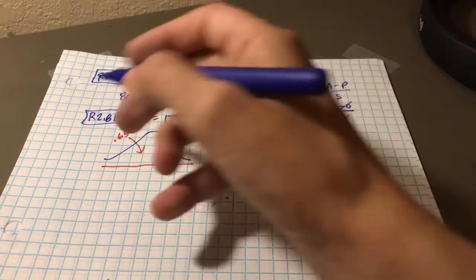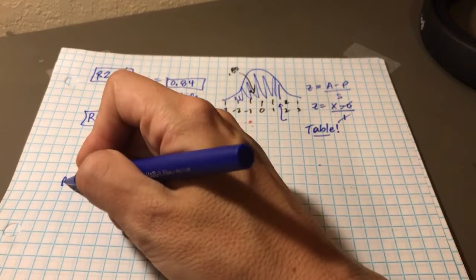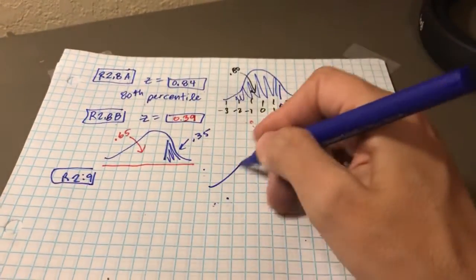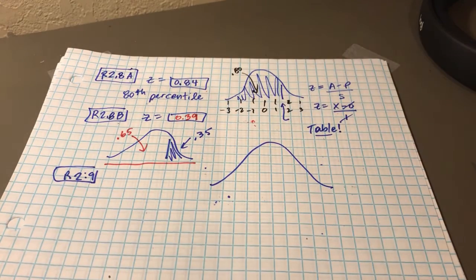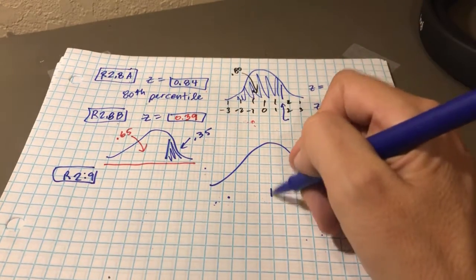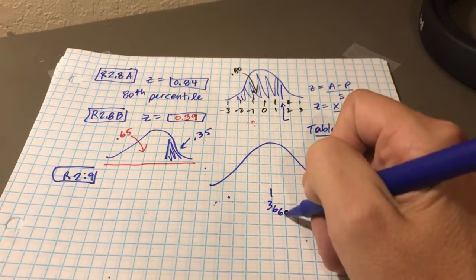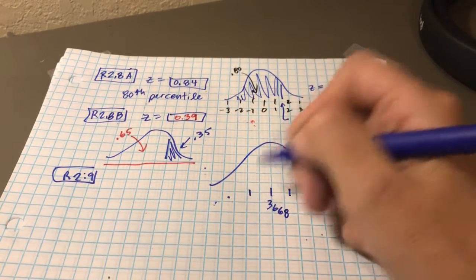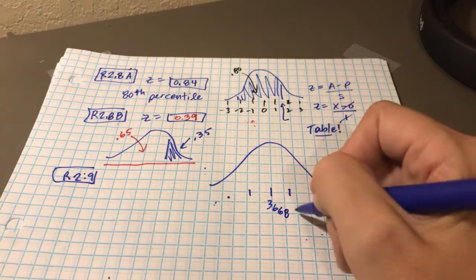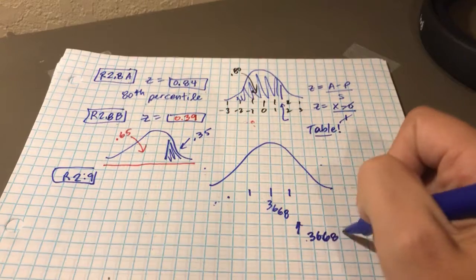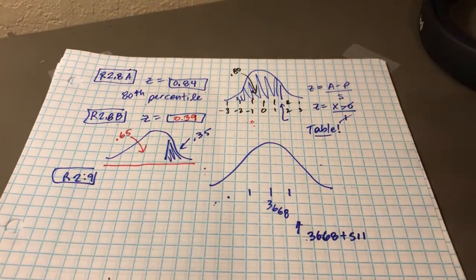Awesome. Okay, next question. Review question 2.9 states low birth weight. So it gives us a data set, and it says the mean is 3,668. The standard deviation is 511. So to get this number, we're just doing 3,668 plus 511.